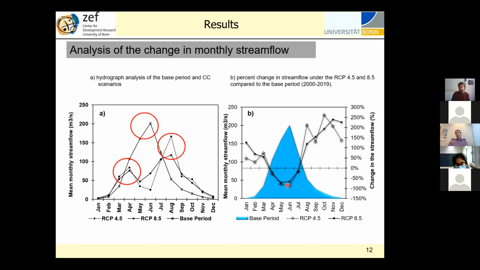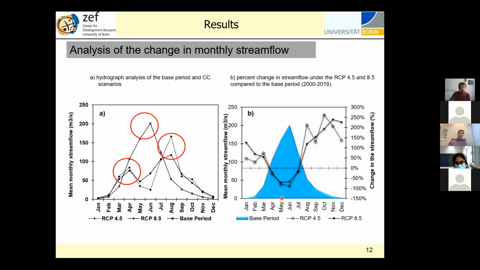Then if you further look at this graph in terms of percentage change, again, this has been explained once again here: normally the vegetables and the crops that are dependent on irrigation, the irrigation starts in the months of March, April, and May usually. And then some vegetables could be irrigated in June and July also.